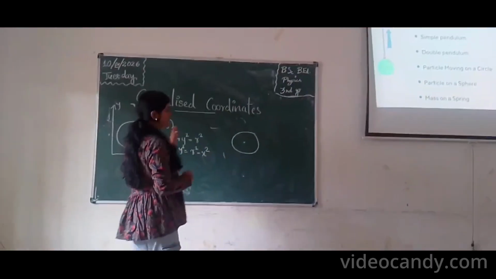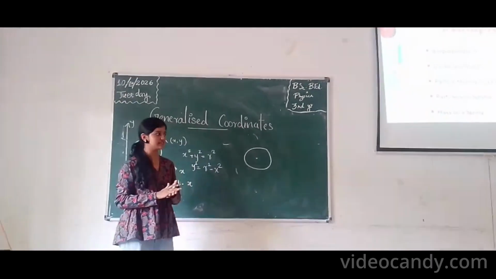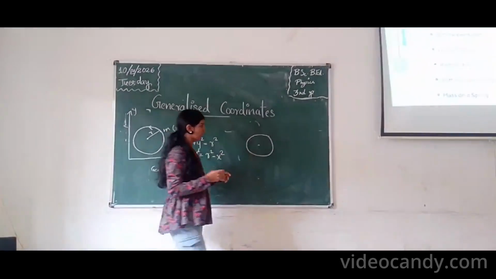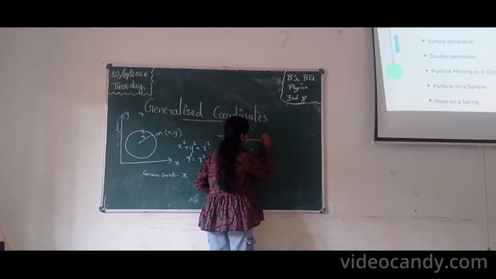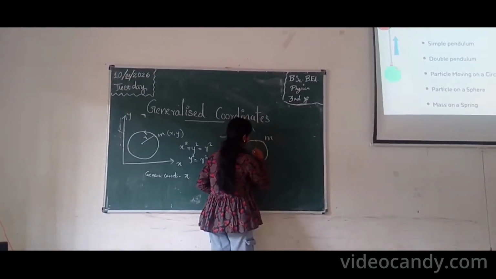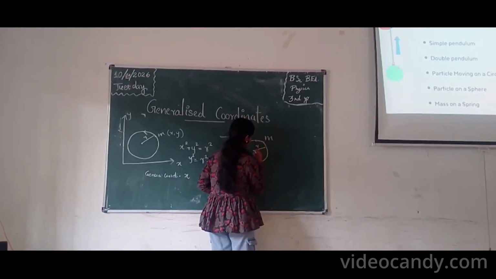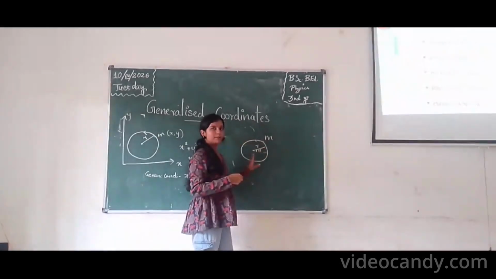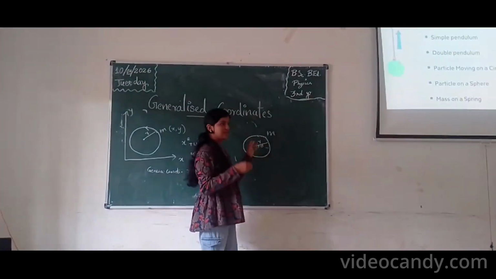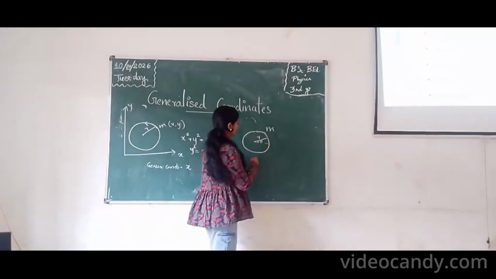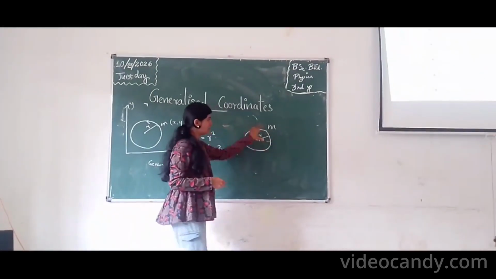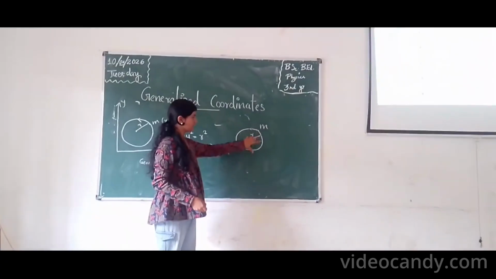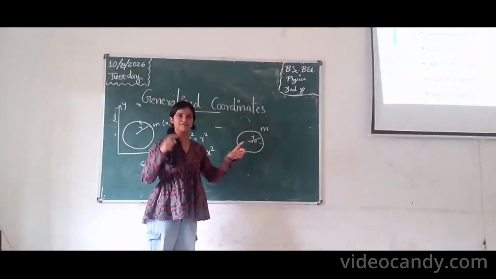Now we have seen the Cartesian coordinate system. If we take the polar coordinate system, and suppose the particle is moving, there is one radius, right? And there will be one angle, because it's a polar coordinate. So there will be terms like r and theta. If you take r and theta for a particle moving on a circle, here r will be fixed, right?